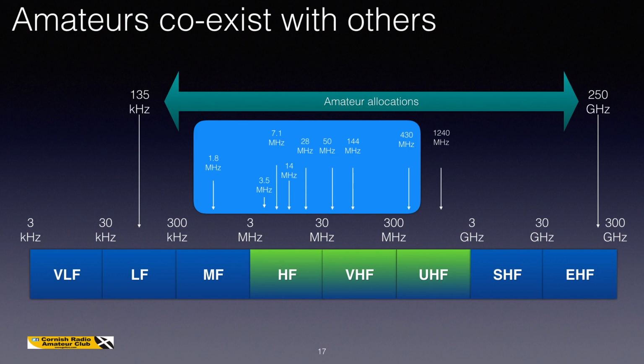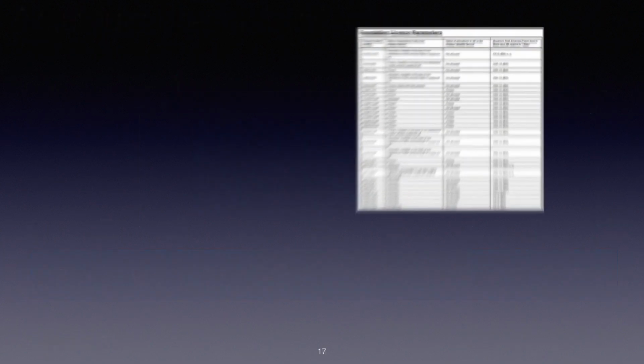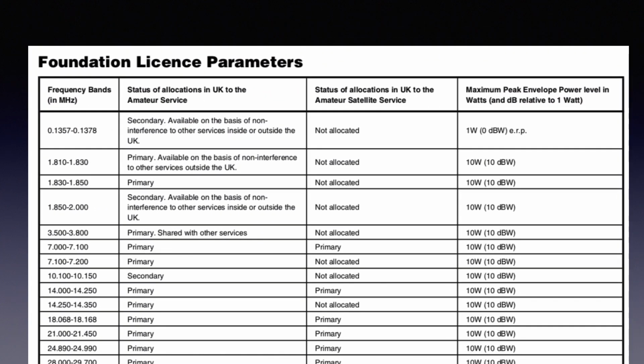Now, to see what are the amateur allocations within all of these frequencies, you will see as part of your license something called the foundation license parameters.